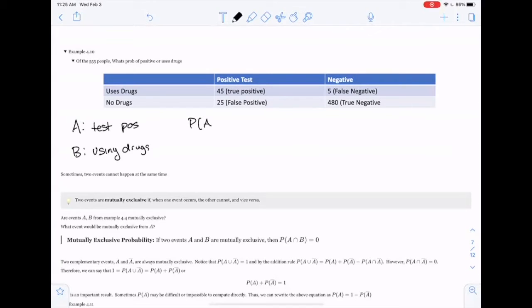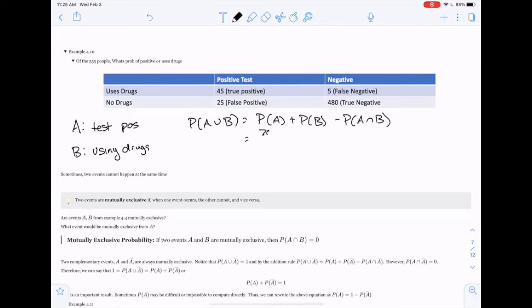So by our addition rule, the probability of testing positive or using drugs is going to be the probability of A plus the probability of B minus the probability of their intersection. The probability of A is going to be the total number of people that test positive. Since I'm looking at this column, these are all of the people that test positive.